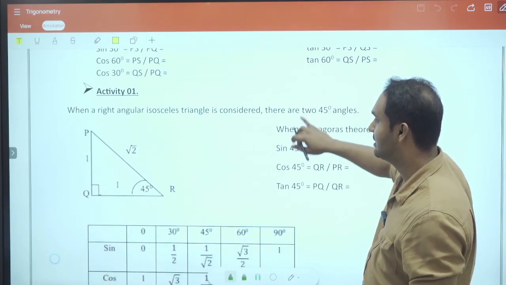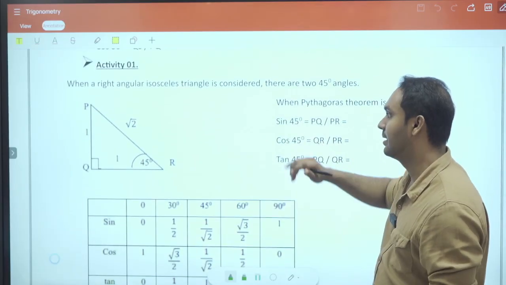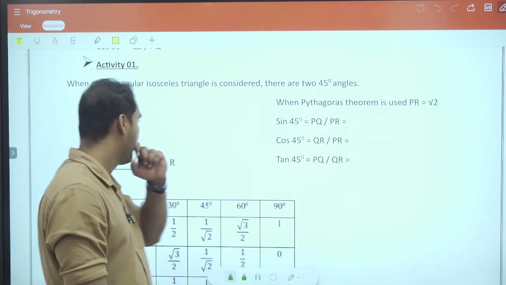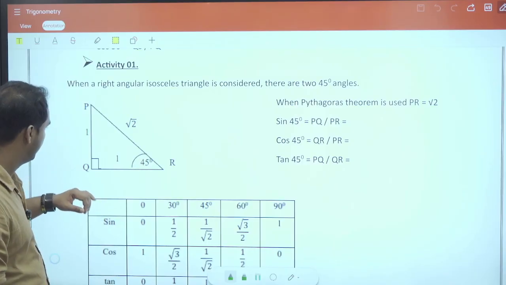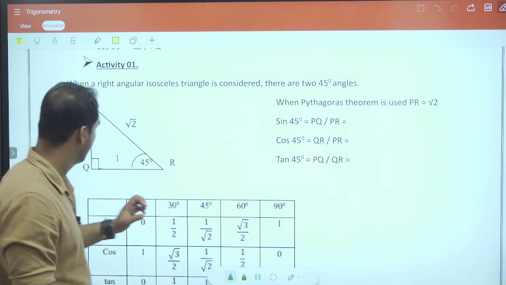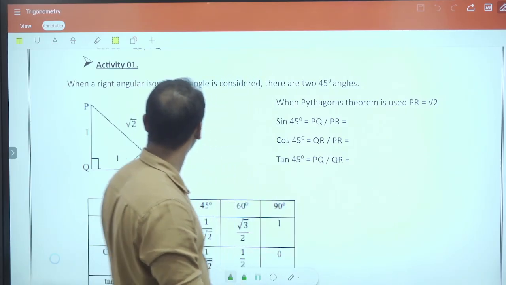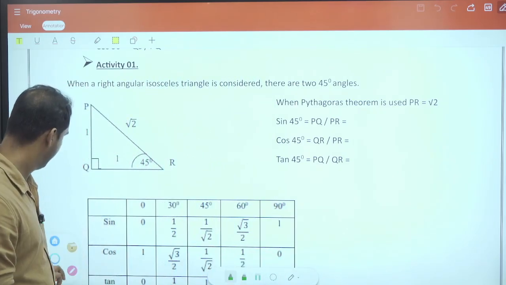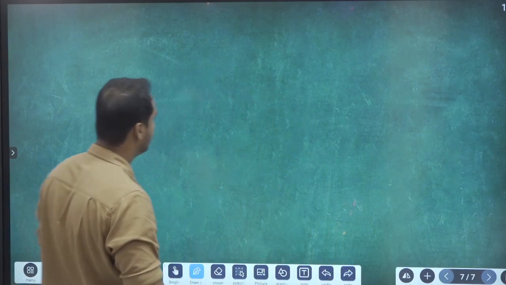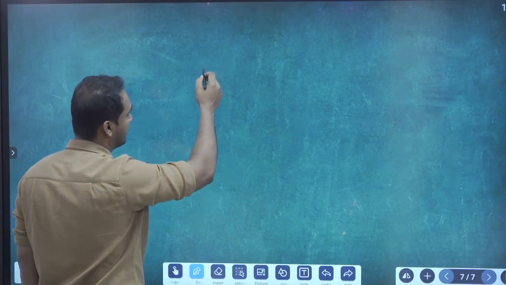Right. So come to this triangle. This is the other triangle that we take the 45 degrees values. Listen, so I'm going to take an isosceles right-angled triangle like this.